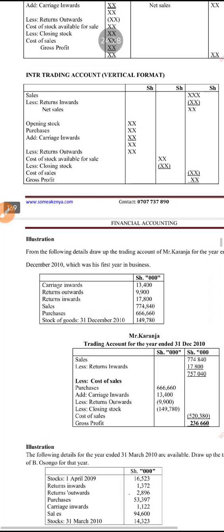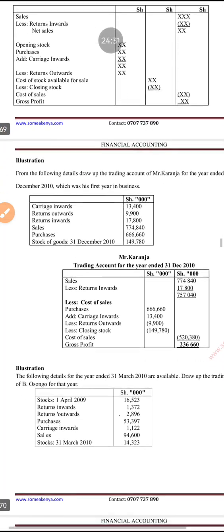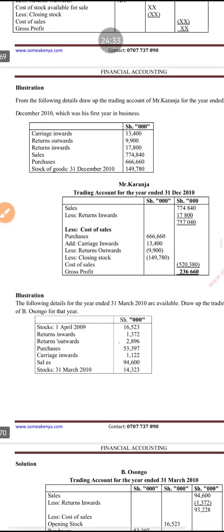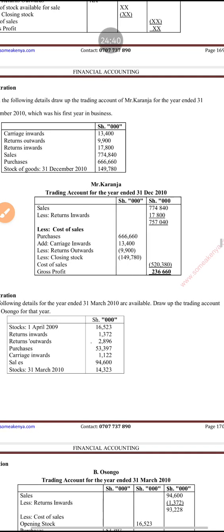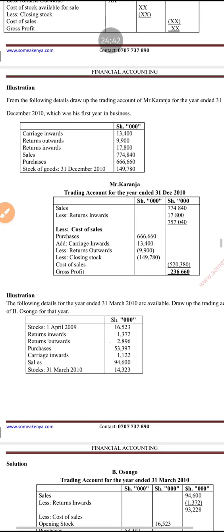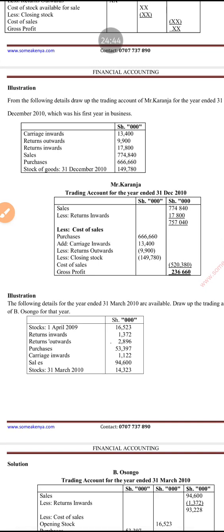So we have a small illustration. From the following details, you are required to draw up the trading account of Mr. Karaja for the year ended 31st December 2010, which was his first year of business.